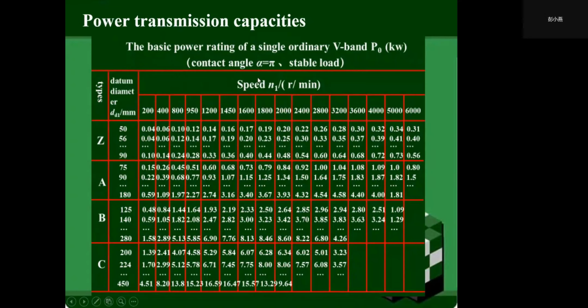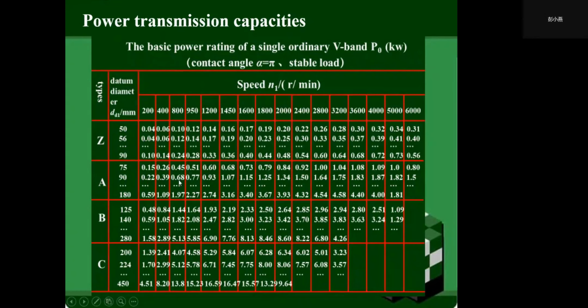And this is the speed for driving pulley. And then we know the value of speed and the types of belt and the diameter DD1.